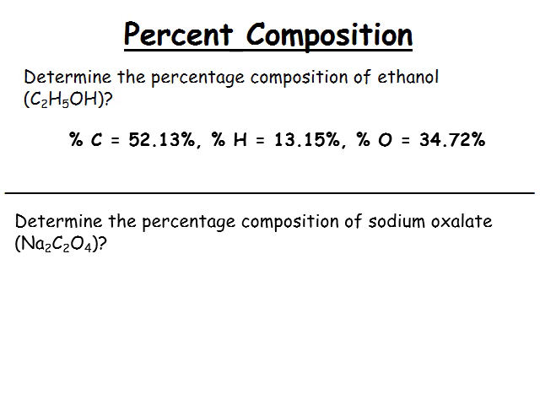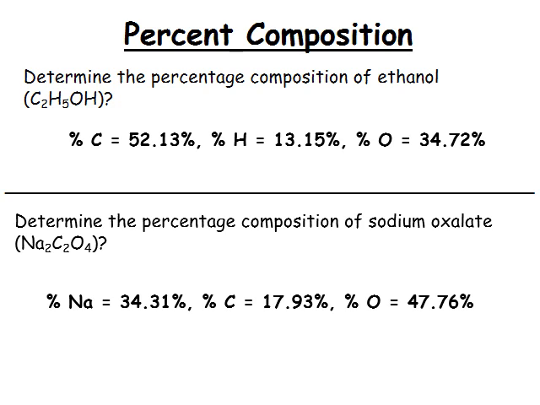Okay, another practice question. Determine the percentage composition of sodium oxalate this time, Na2C2O4. Pause the video now, and then we'll come back, and I'm going to give you the answers and see if you're correct. Okay, let's see if you're on the right track. For this one, the percentage of sodium, I calculated 34.31%.